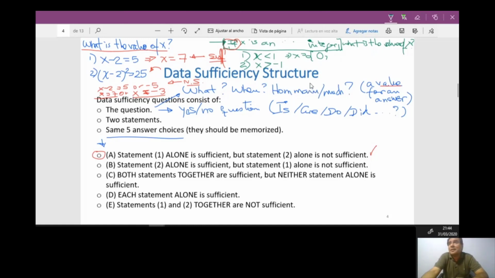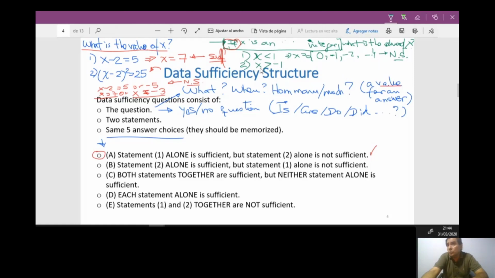But for the time being, let's say that, for example, x might be -1, -2, etc. There are actually an indefinite number of values that x could take. Of course, that makes the statement not sufficient because we have not just one possible answer to the question, what is the value of x, but many.